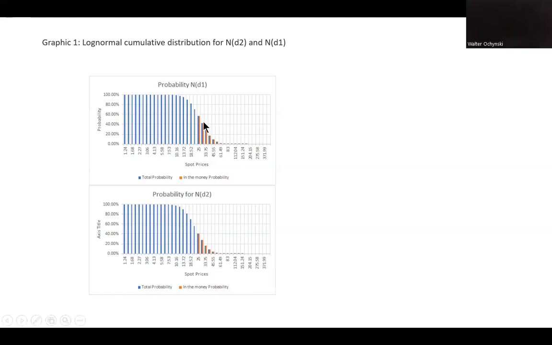Now you will see a very important thing where you can recognize that we are talking about two different probabilities.